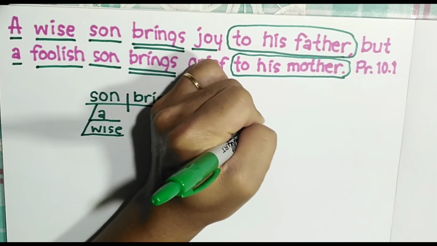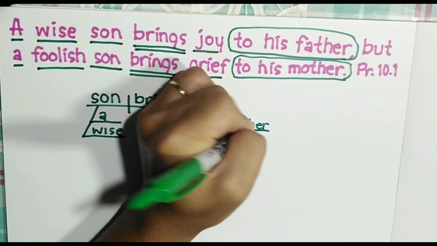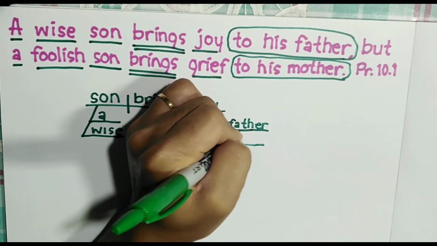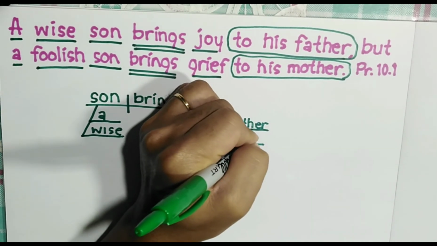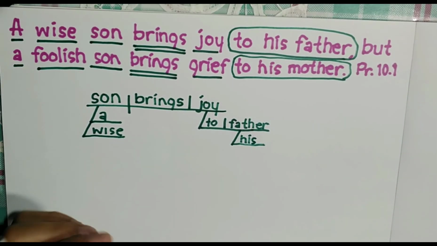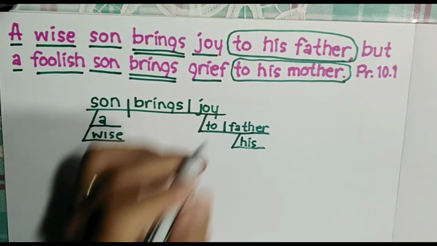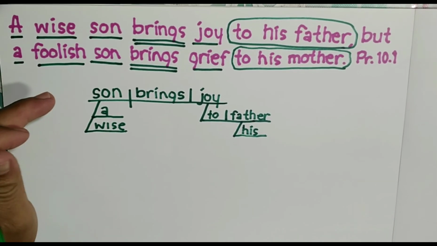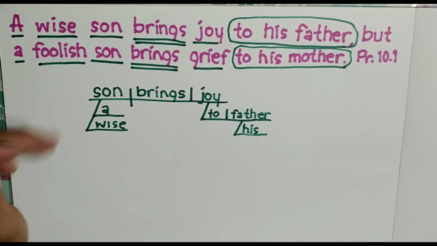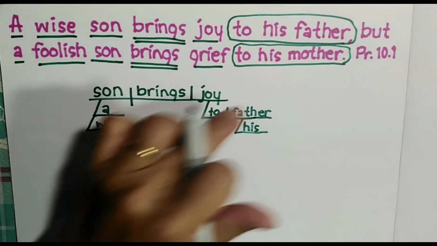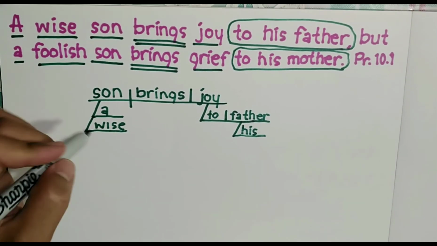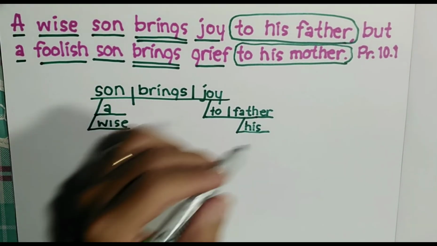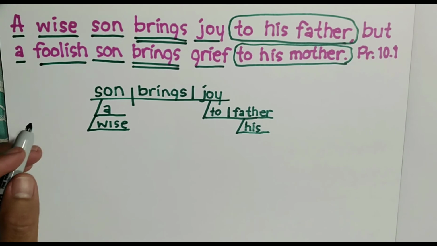And then whose father? His father. Okay. Now, are you still there? Are you following me? So we have the first line, son brings joy. That's our baseline, and we have these adjectives and modifiers. So a wise son brings joy to whom? To his father.